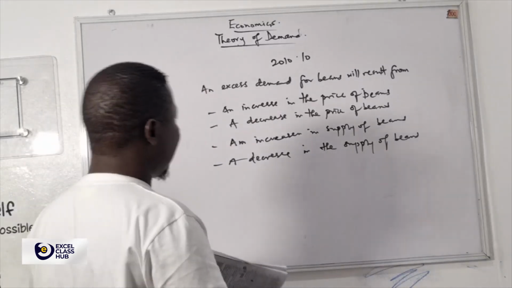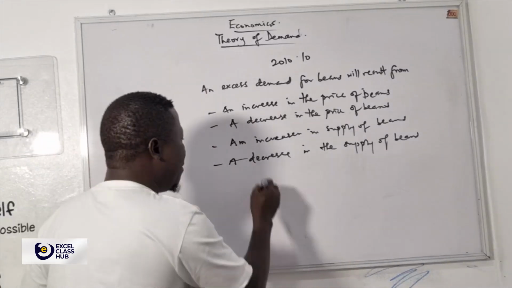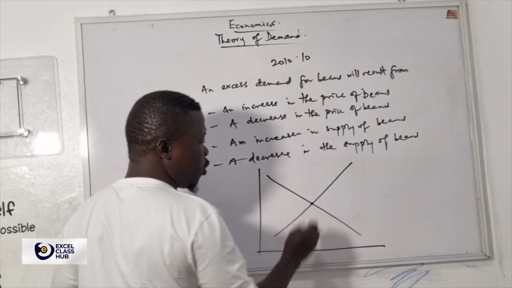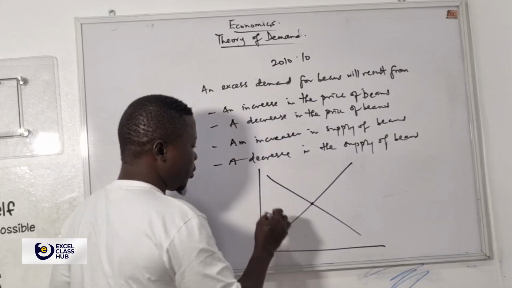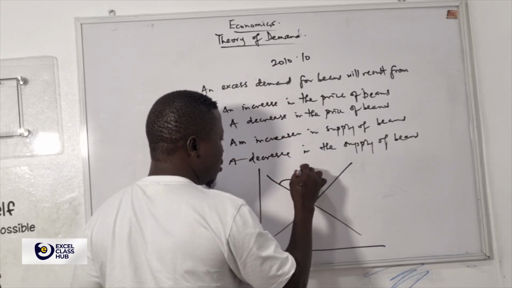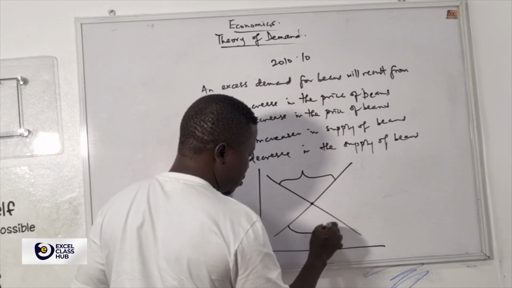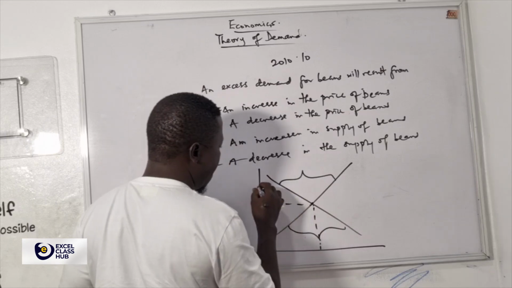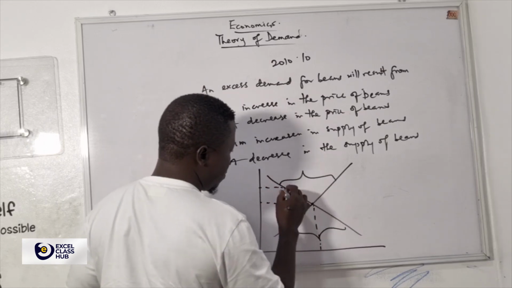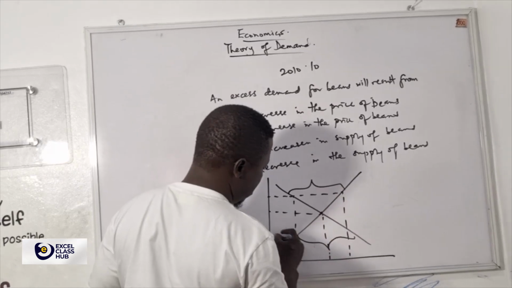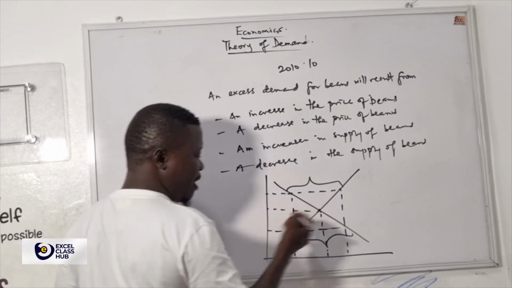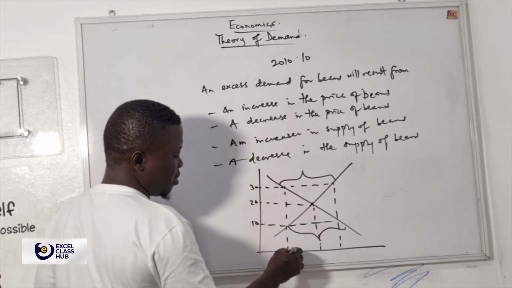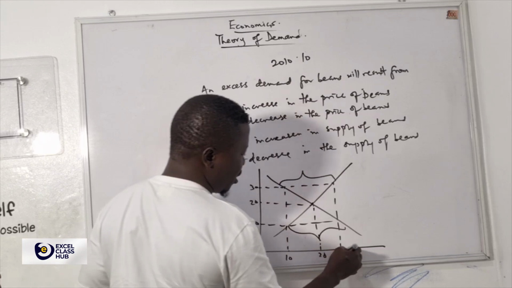Excess demand. Let me show you what excess demand is on the board. This is the equilibrium point. Let me say 10, 20, 30, 10, 20, 30.